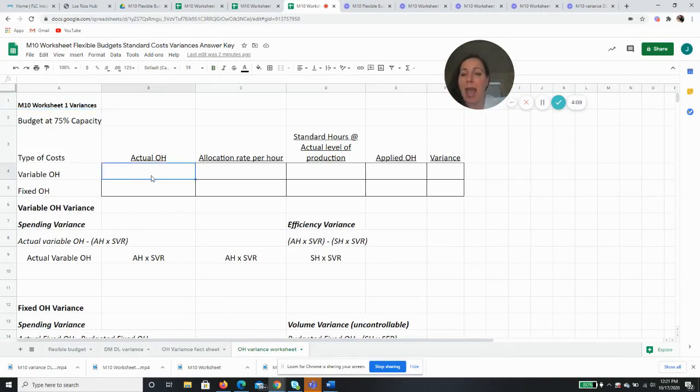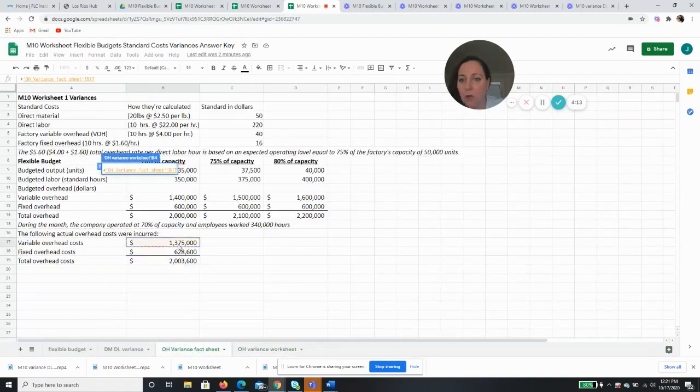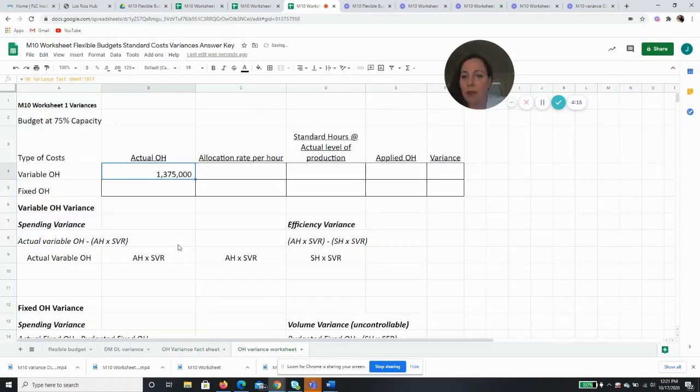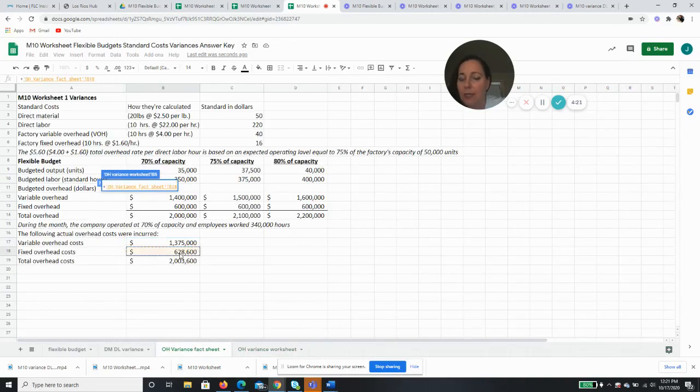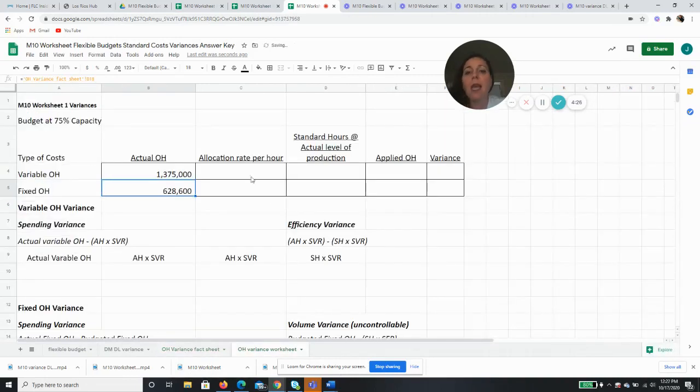Okay, so our actual variable overhead, it just told us over here, was 1,375,000. Our actual fixed overhead, it told us, was 628,600. Okay. This is our allocation rate per hour, right?